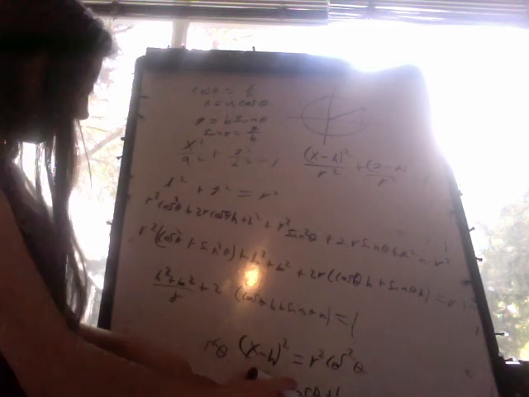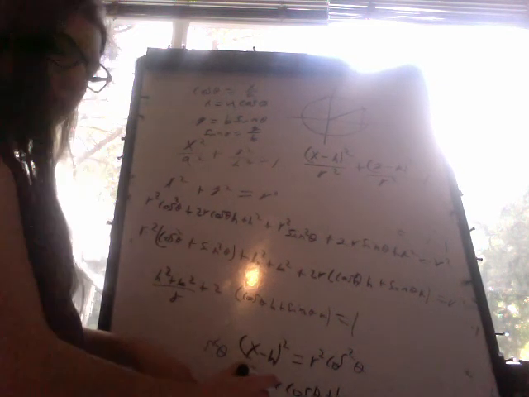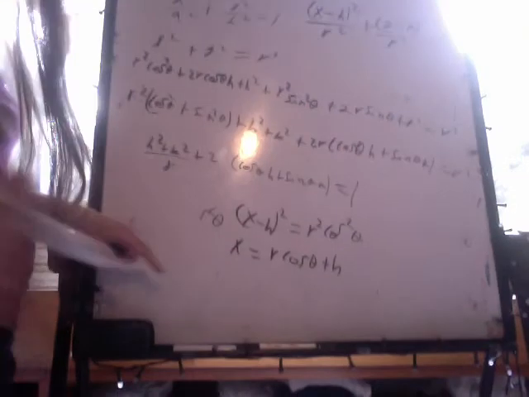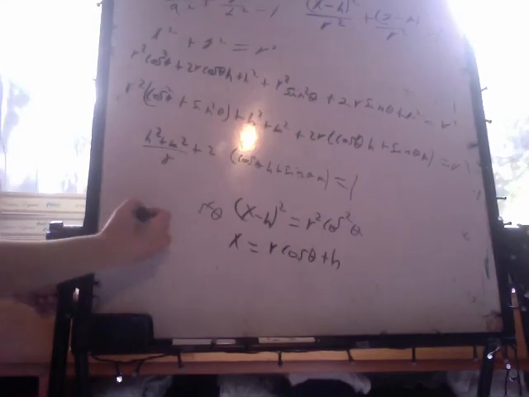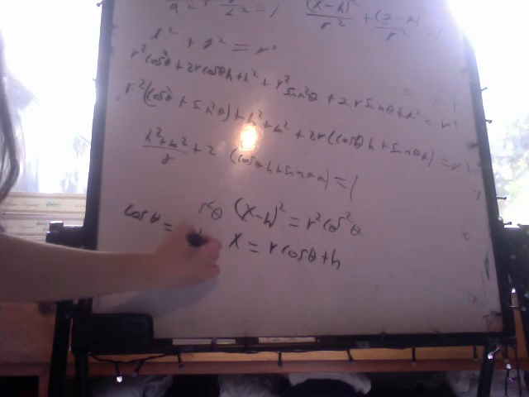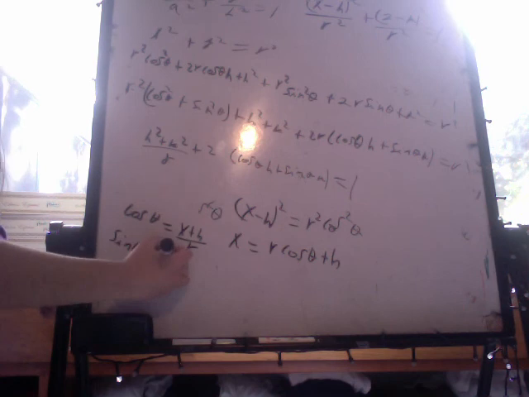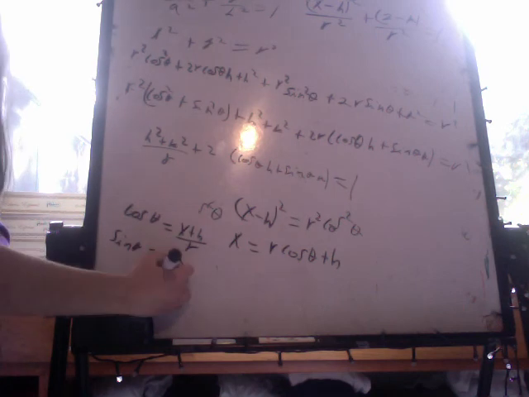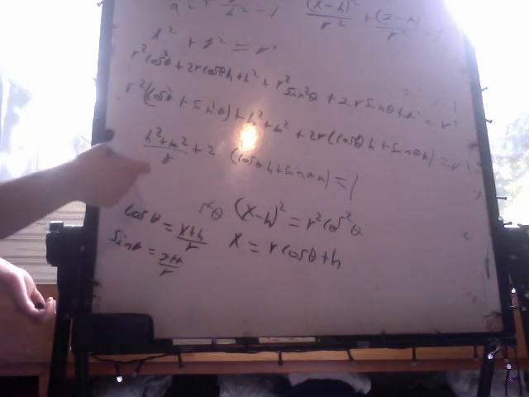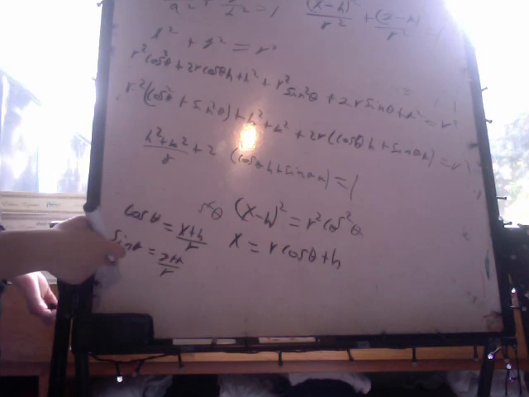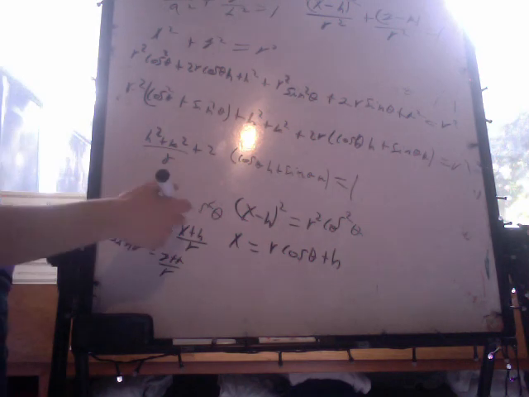When we have this parametrization, cosine of theta is equal to x plus h divided by r, and the same for sine of theta, y plus k divided by r. You square both sides, cosine squared of theta plus sine squared of theta, that's 1.